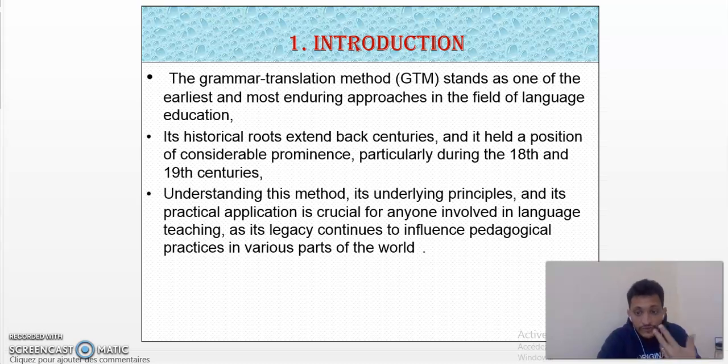It is crucial for them to be familiar with this approach.